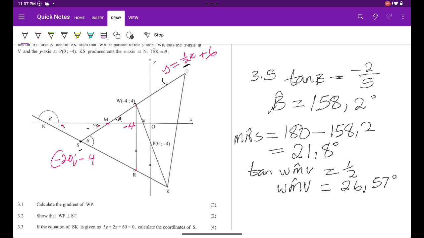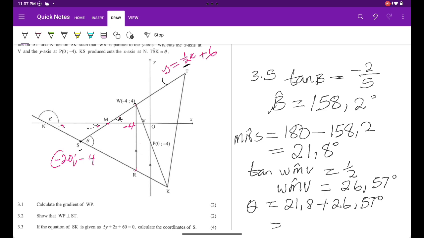Now to get theta that they're looking for, we're just going to add the angle that we got there, and then we know that these two angles are vertical opposite angles, so they are equal. So we just add this angle that we got here, and then we get that angle there. So it means theta is actually 21.8 plus 26.57.